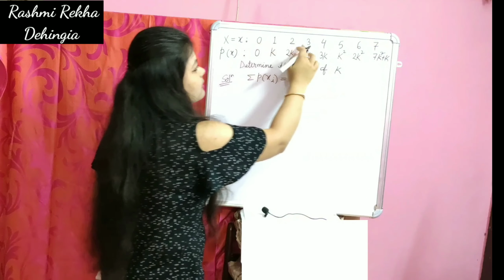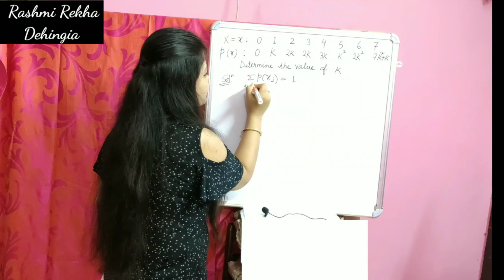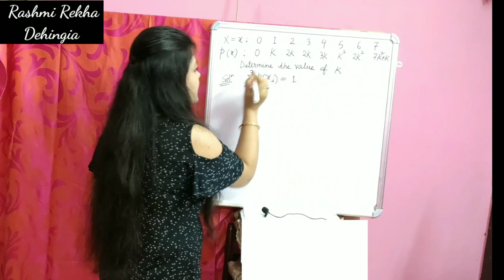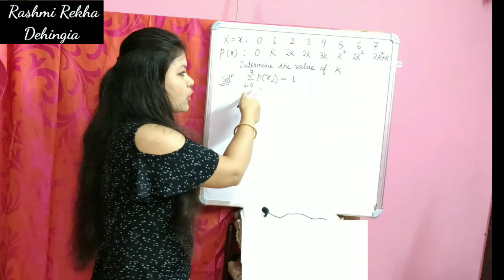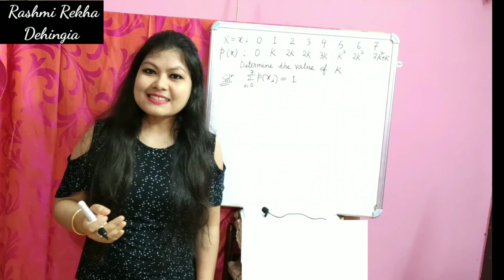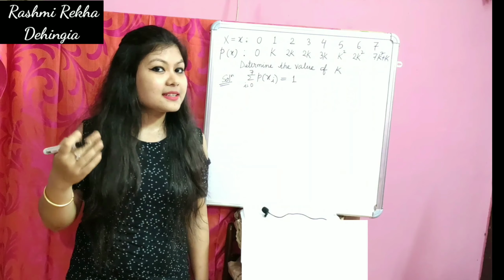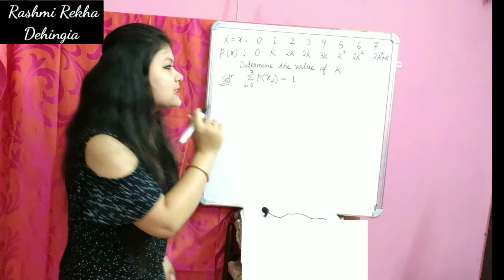The random variable goes from 0 to 7. The sum of the probabilities equals 1, because we already discussed that the sum of the probabilities of the random variable equals 1. That's why I am using the condition.